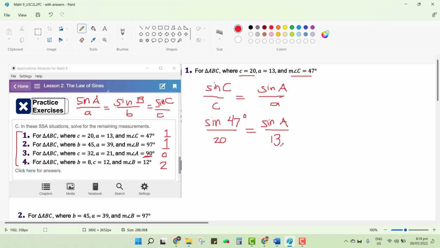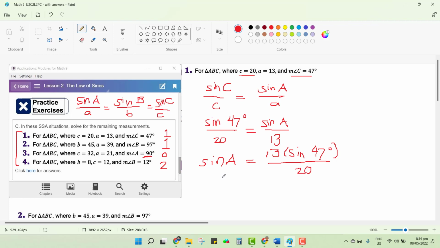Applying the symmetric property and the fundamental property of proportion, you will get this expression: sine A is equal to 13 times sine 47 degrees all over 20. You might want to derive this if you would like to. But we are not looking for sine A. We are looking for angle A.